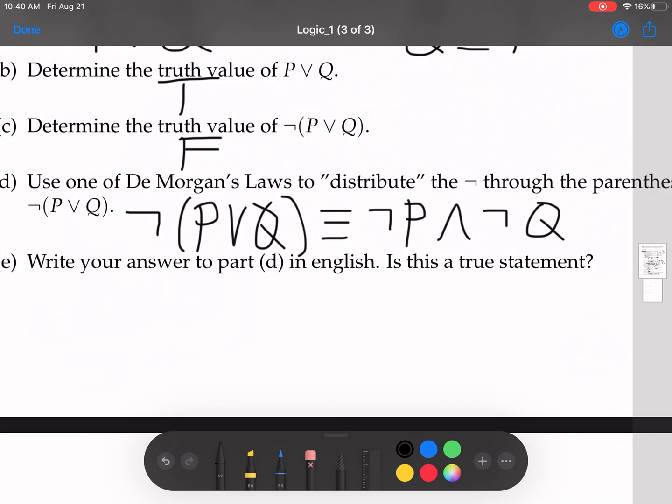We use symbolic logic here to push the negation through the statement. And now we take things back to the world of plain language.